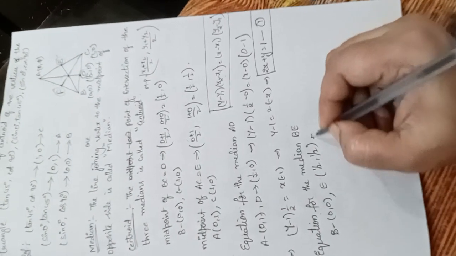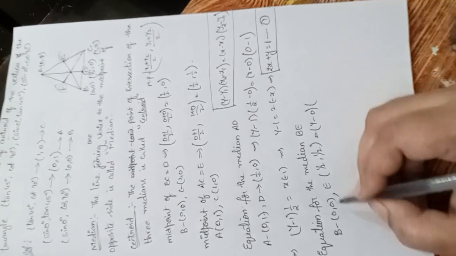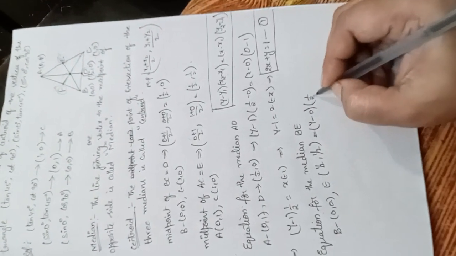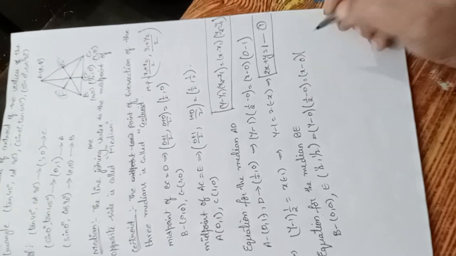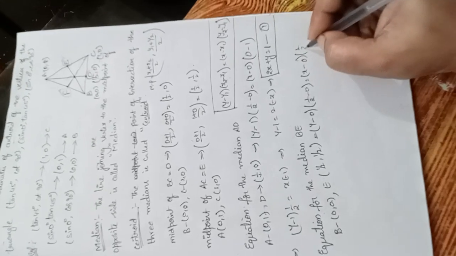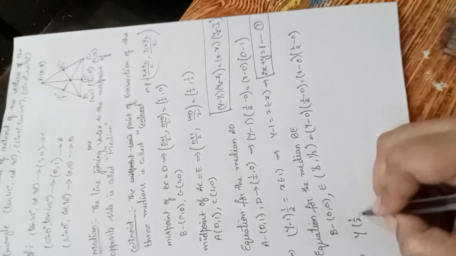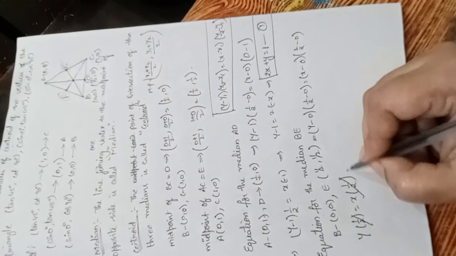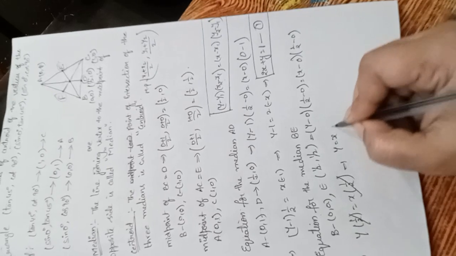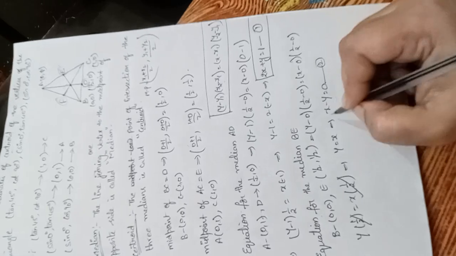Using the formula, (y minus 0) into (1 by 2 minus 0) equals (x minus 0) into (1 by 2 minus 0). So y into 1 by 2 equals x into 1 by 2. These two get cancelled, leaving y equals x, which implies x minus y equals 0. This is equation 2.